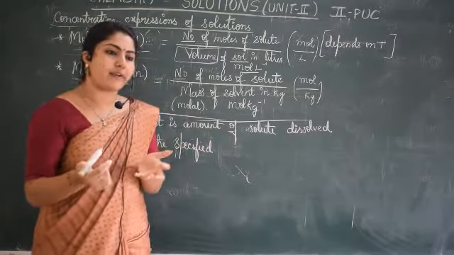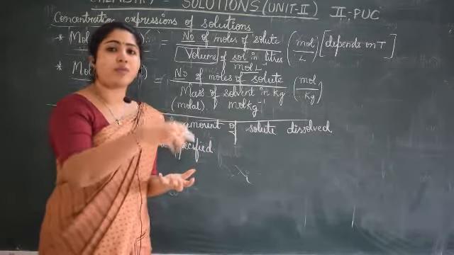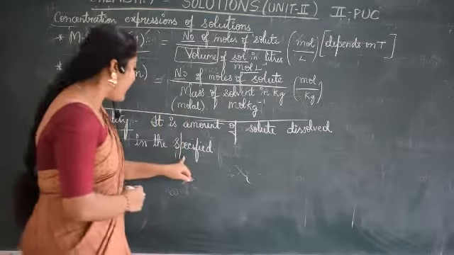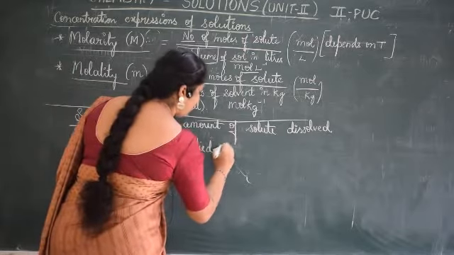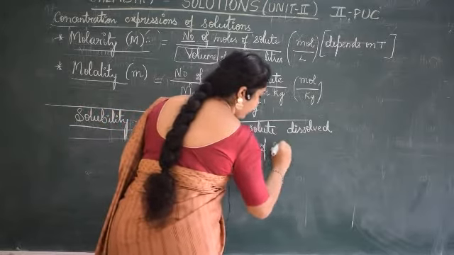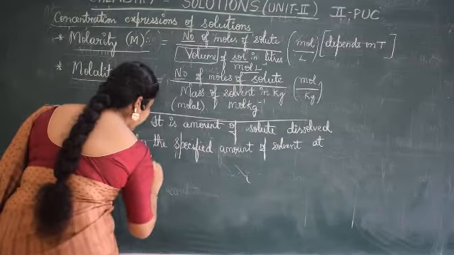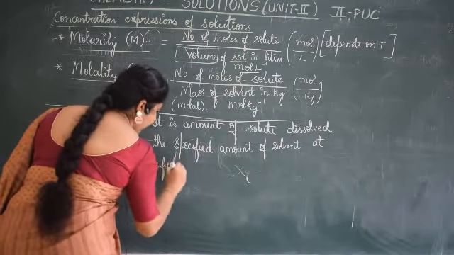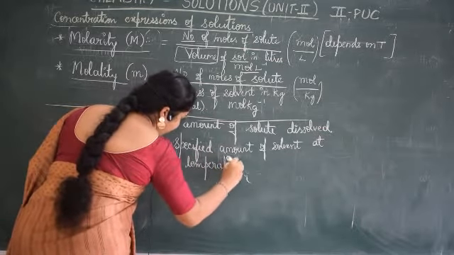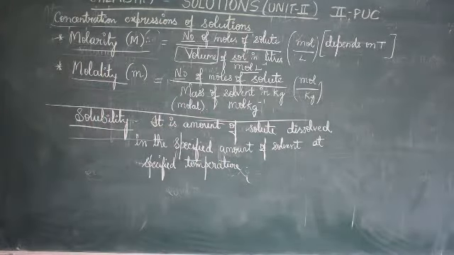For example, in 1 liter of solvent, how much solute was dissolved. When we speak like that, we can tell about its solubility. So we say the amount of solute dissolved in the specified amount of solvent at the specified temperature is called solubility.